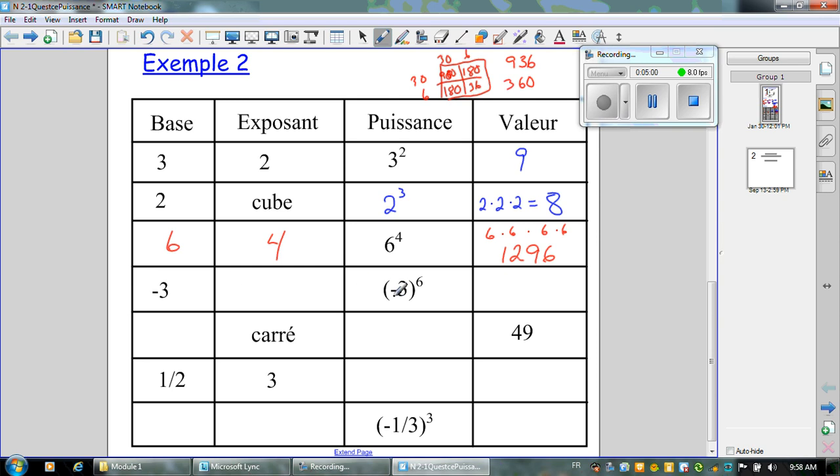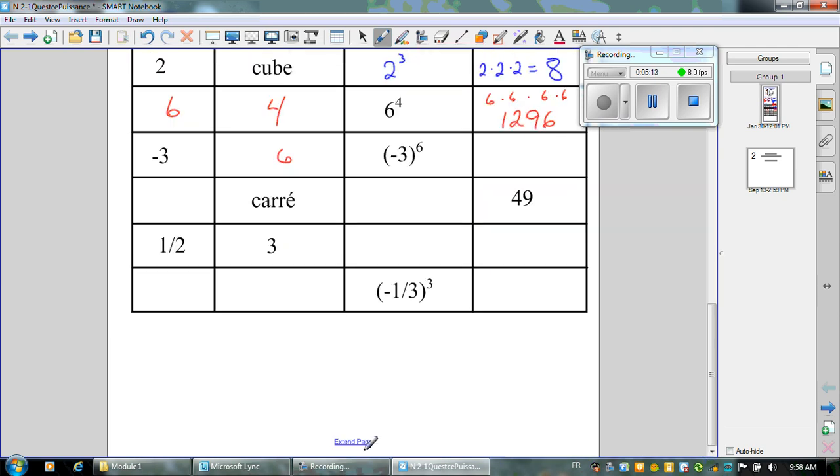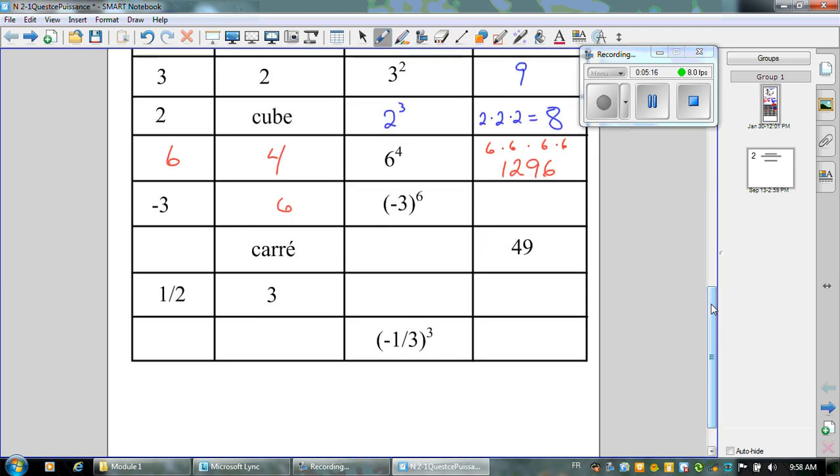Now here, the base is -3 and the exponent is 6. So here I have -3 multiplied by itself 6 times. So -3 multiplied by -3 multiplied by -3 multiplied by -3. So this is 9.